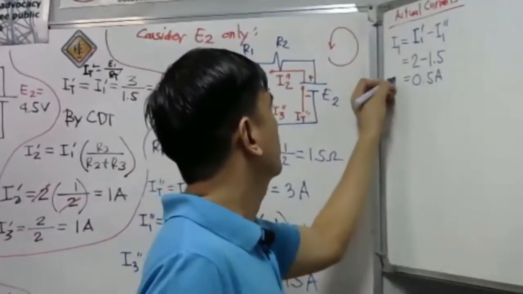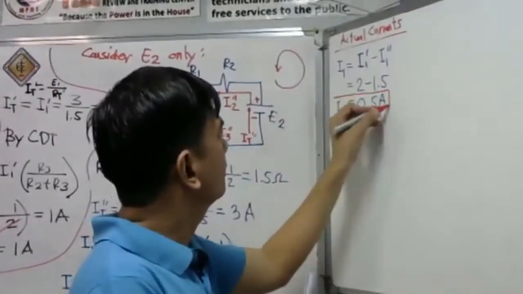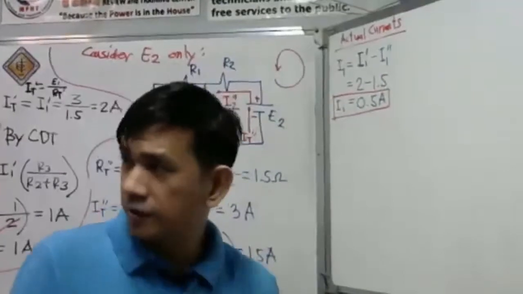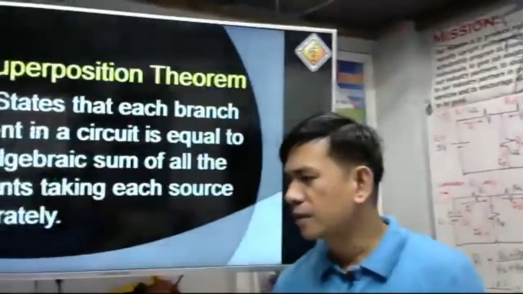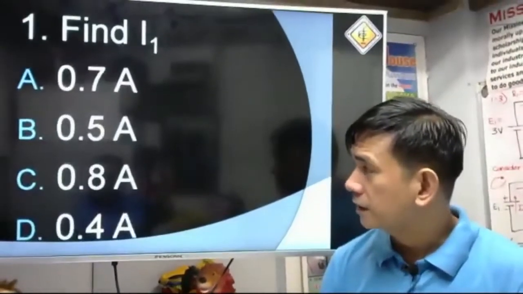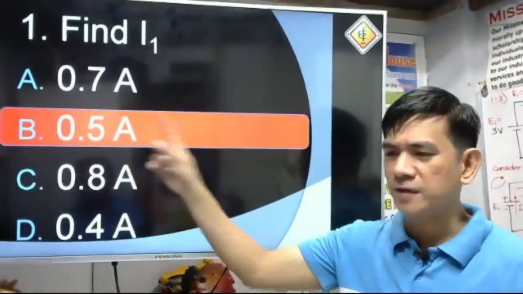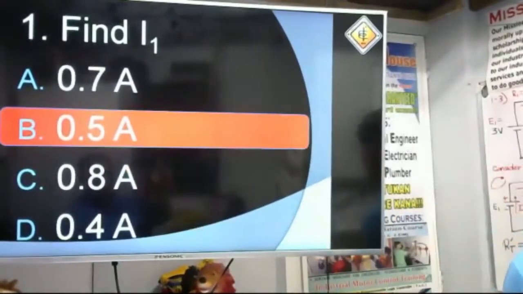That is our I sub 1. Our answer is 0.5 amperes. What letter is that in our choices? In our PowerPoint, okay, that's correct. The answer is 0.5, letter B.